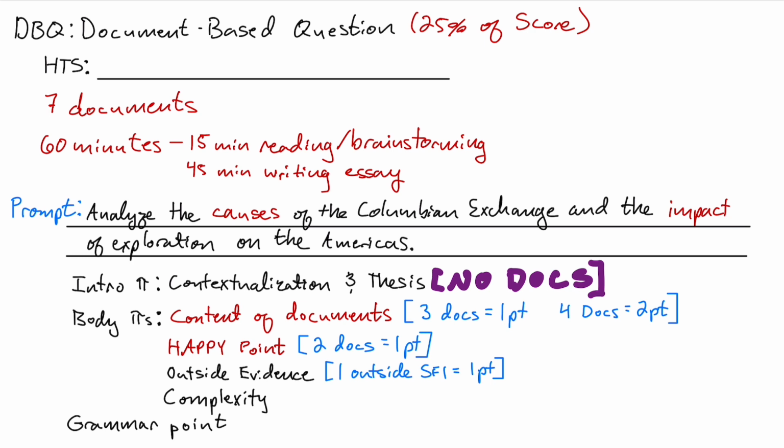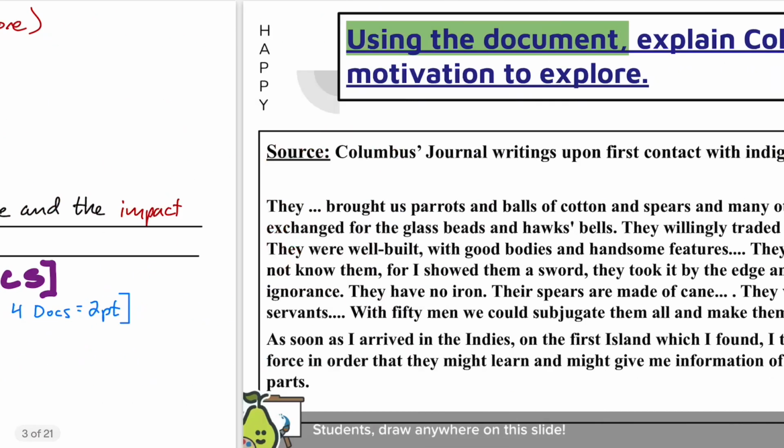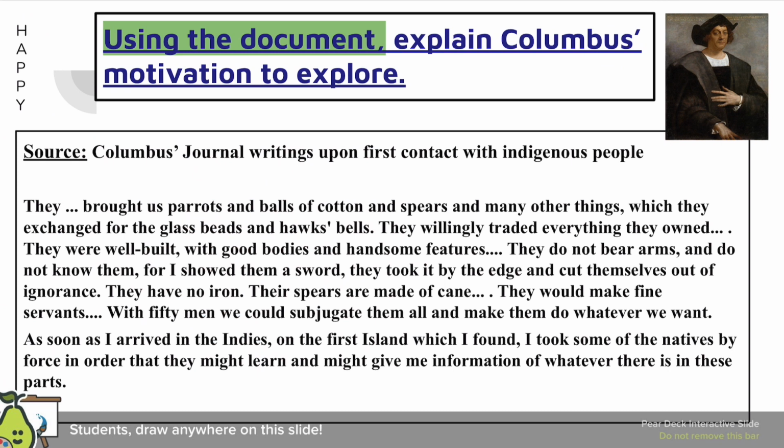So for instance, if this was one of your documents, you would simply say that in document 1, Christopher Columbus details the first contact he had with the Taino people and his perception of the Native Americans, who he assumed were actually Indians, because he assumed he had arrived in Asia rather than in a new continent. That would just be a summary. We don't quote the document at all. We simply give a description of it.